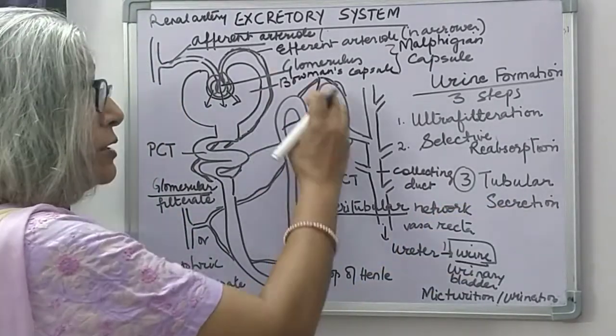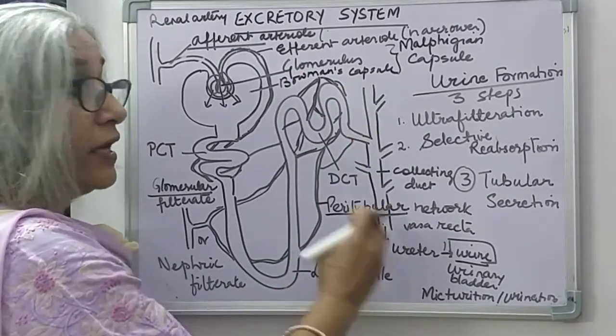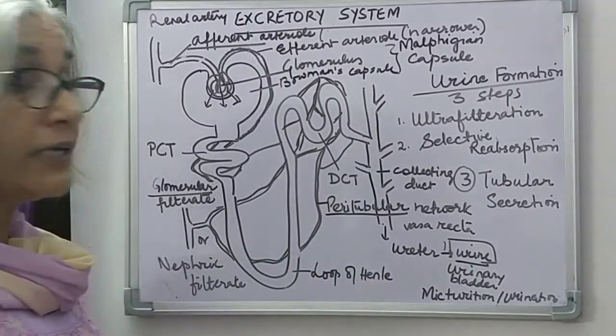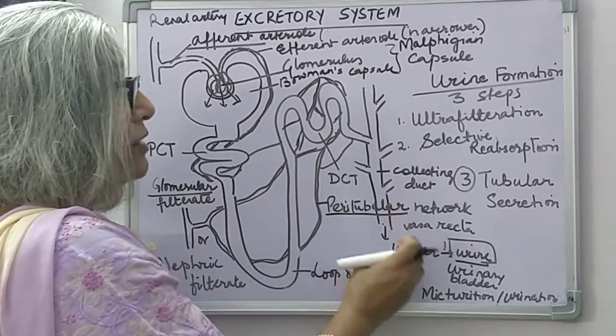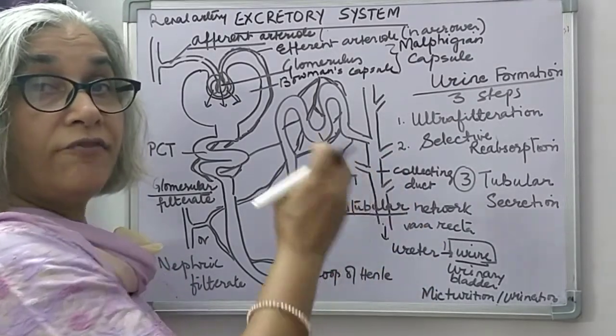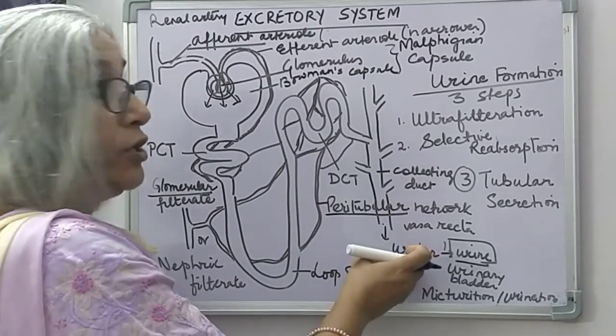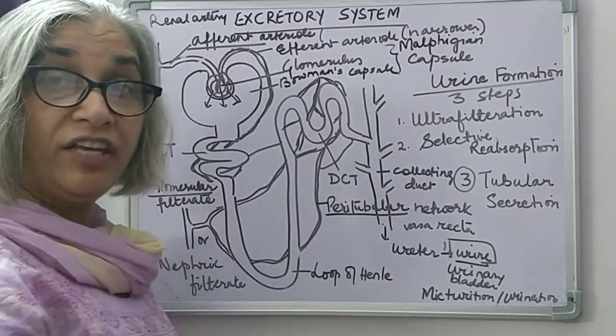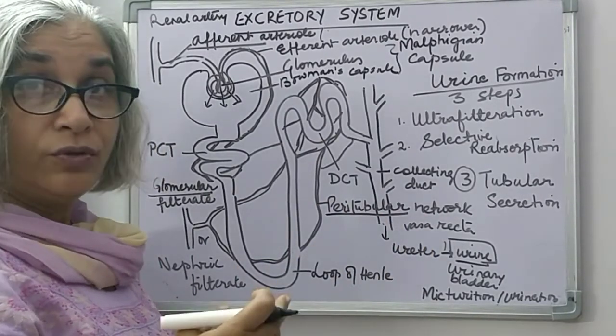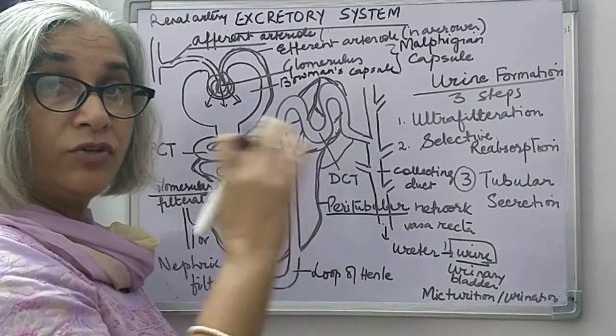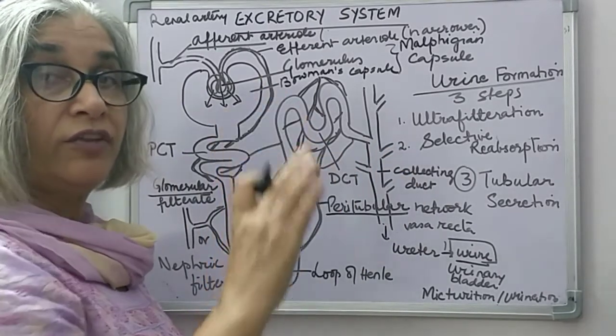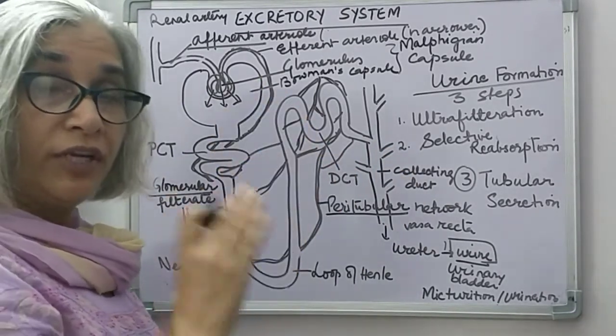Finally, what then goes into the collecting duct, from where it goes on. Several collecting ducts unite to form the ureter in the pelvic region of the kidney. Told you, outer cortex, inner medulla, the pelvic region where the ureter forms a funnel-shaped renal pelvis.